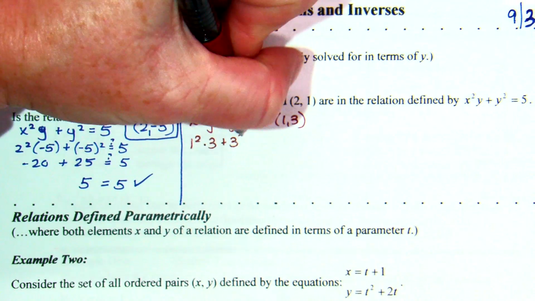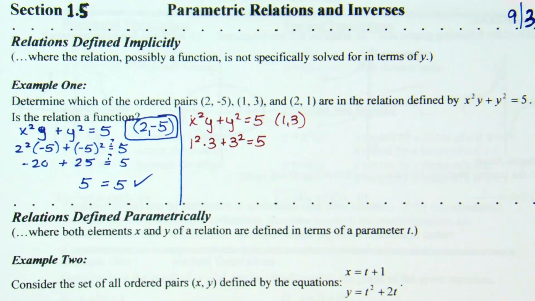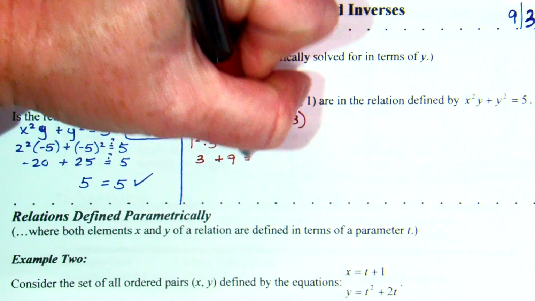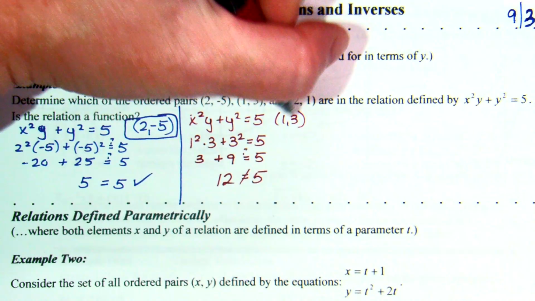I'm trusting that this is better than the quiz was. What happens? 1 squared times 3, plus 3 squared. So what do we end up with? Does 12 equal 5? No. So what's that say? 1, 3 is not in the relation.